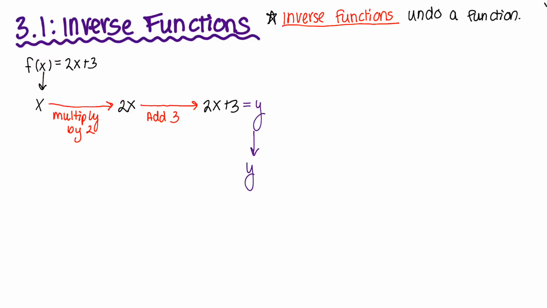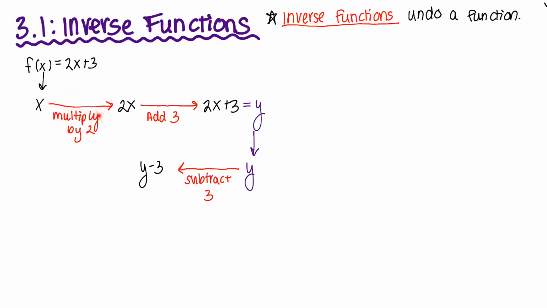So we're trying to do operations to this number that we get here to get back to this original x value. If the last thing you did to your x was add 3, then moving backwards, we'd want to subtract 3. So you'd have y minus 3. Then the next step, we did multiply by 2. The opposite operation from multiplication is division.